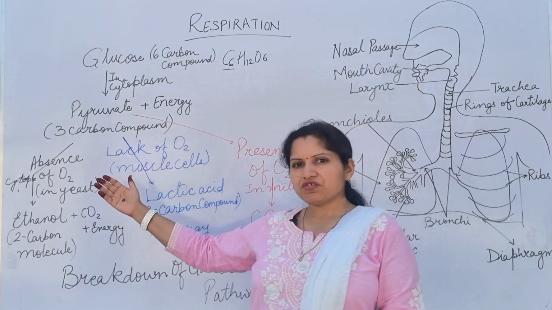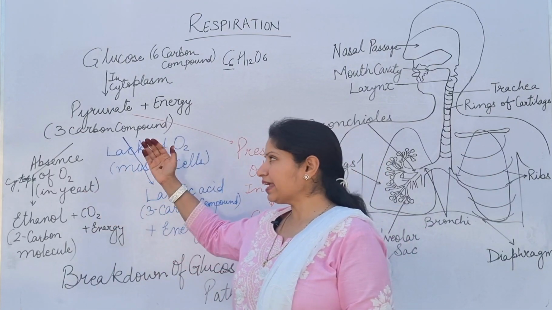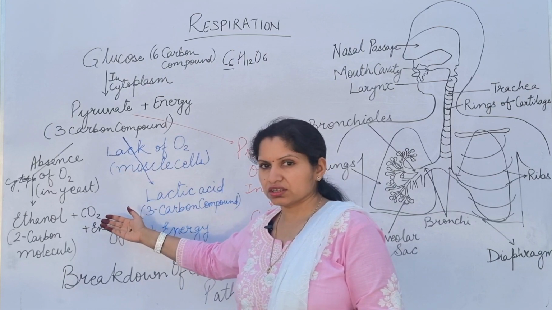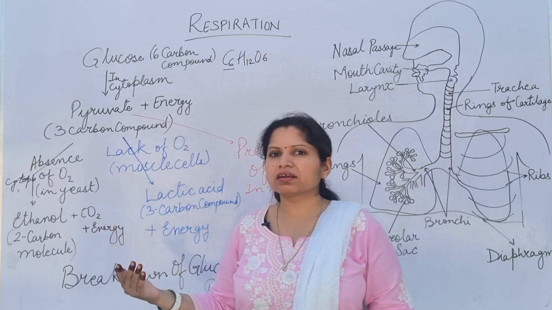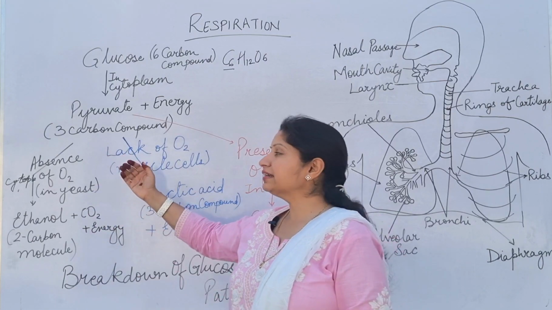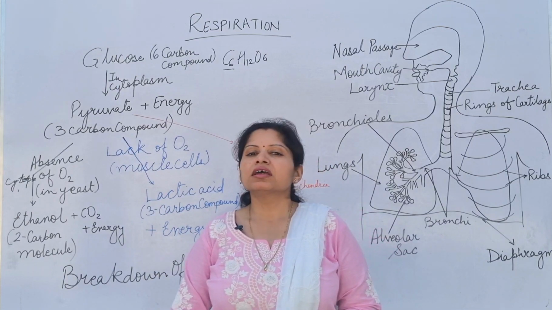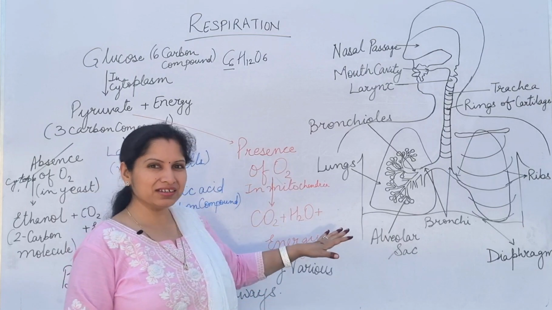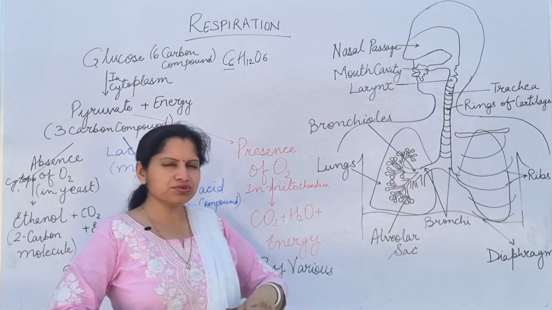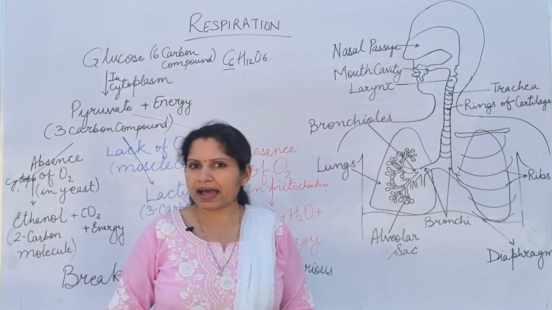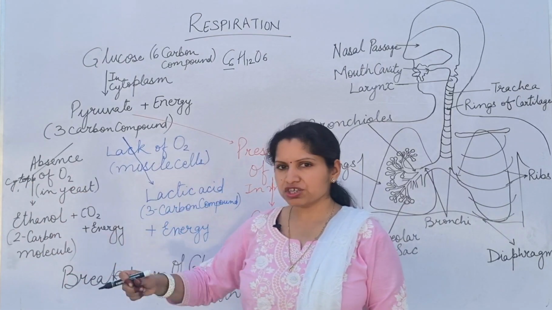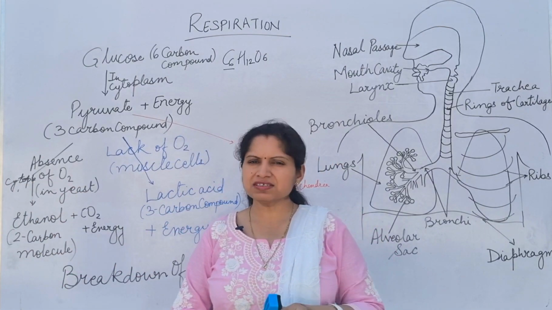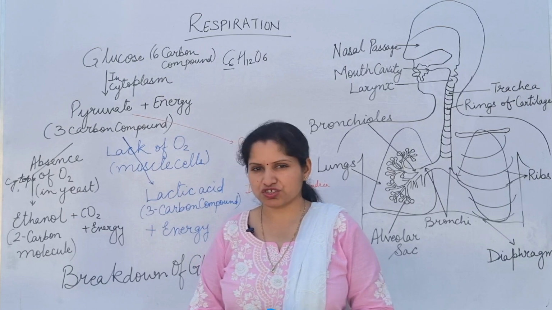Anaerobic respiration is a type of respiration that takes place in absence of oxygen, as in anaerobic organisms like yeast. Okay. In case of aerobic respiration, the amount of energy produced is large, and in case of anaerobic respiration, the amount of energy that is produced is small. That is, little energy is produced.